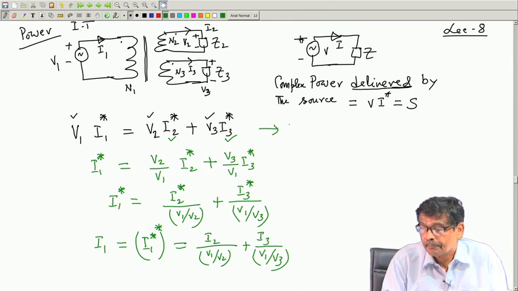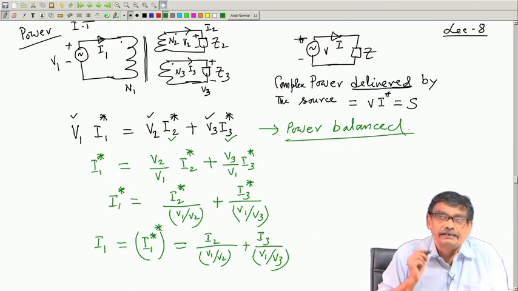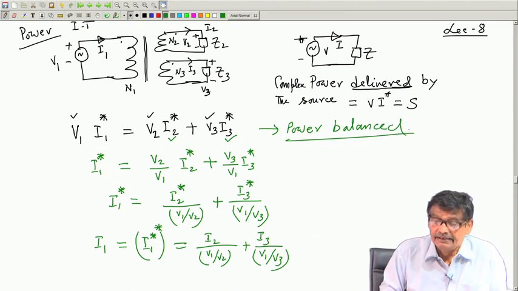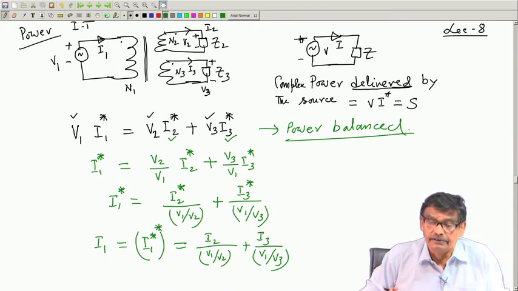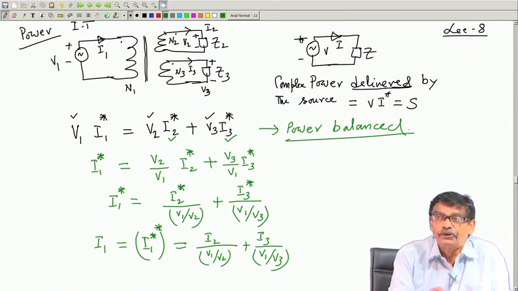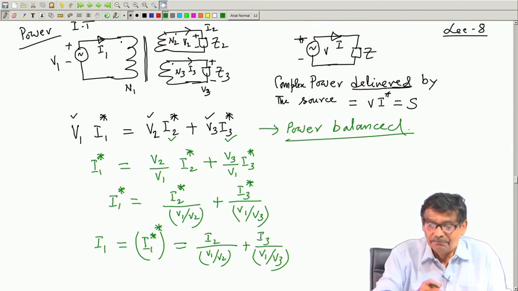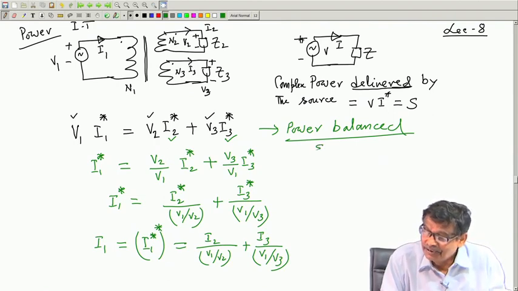Mind you, power balance means both reactive and real power should be balanced. So, here is a nicer way of handling the situation. You have understood this. Only thing is, if I want to draw the equivalent circuit referred to the primary side, what it will be?